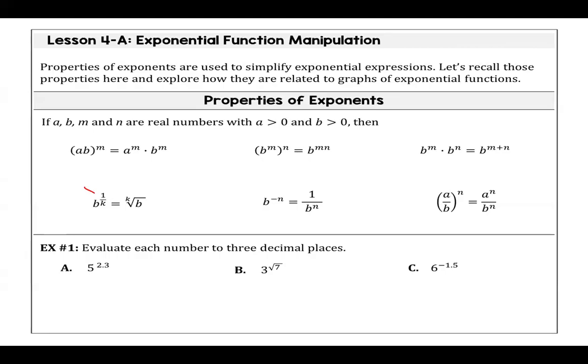So this is a unit fraction because the numerator is a 1. When you have a power of a unit fraction, that just means that you're taking the root of whatever the denominator is. Meaning, if I had 4 to the 1/2, I'm just asking you what is the square root of 4, which is 2. So when you have a unit fraction as a power, you're just taking the root.